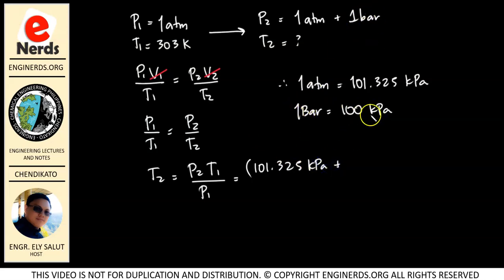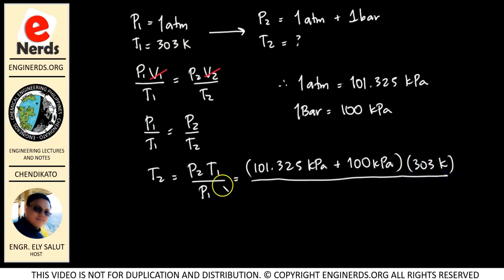So 1 bar is equal to 100 kilopascal, times our temperature 1. Our temperature 1 is 303 Kelvin over our P1. Our P1 is equal to 1 atmosphere, which is equal to 101.325 kilopascal.